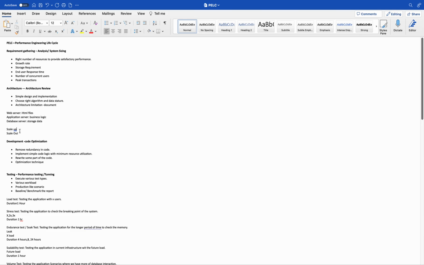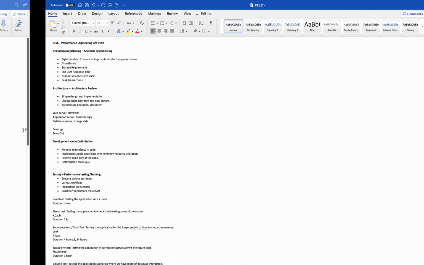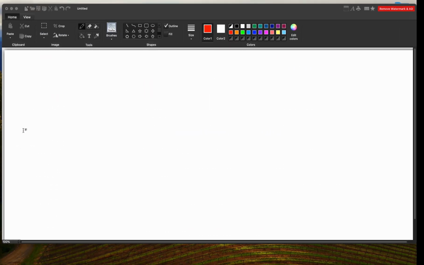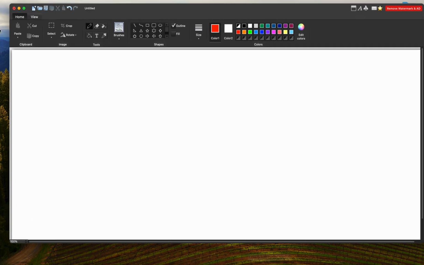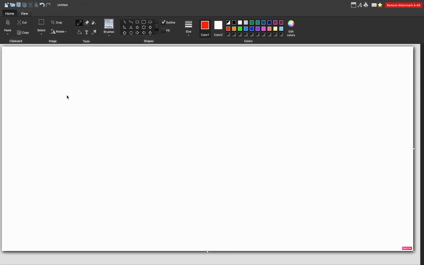Next one is scale up and scale out. Scale up and scale out is nothing but, let me explain by drawing a diagram. What is scale up and what is scale out? Let's say I have one server which has 6 GB of RAM, and I am facing high memory utilization during my performance test.